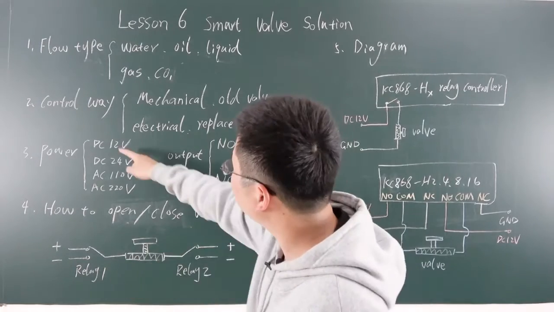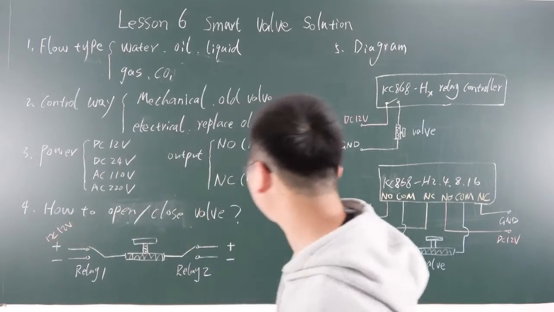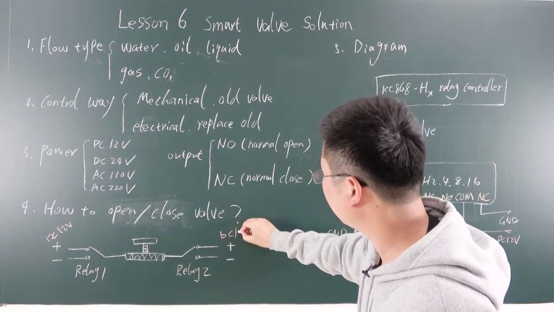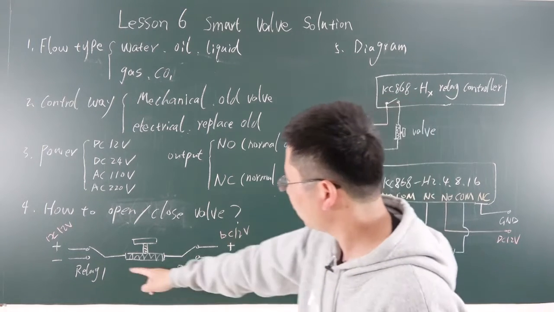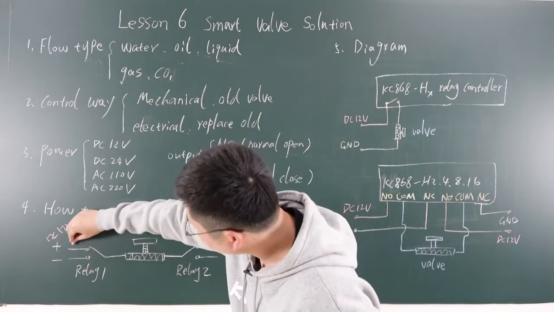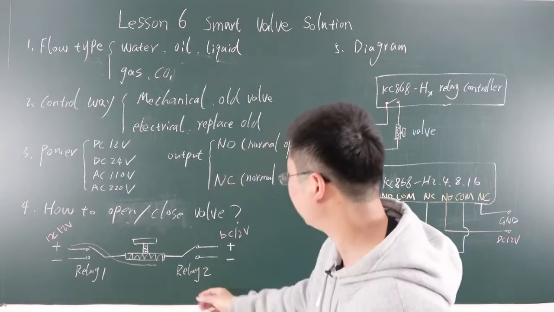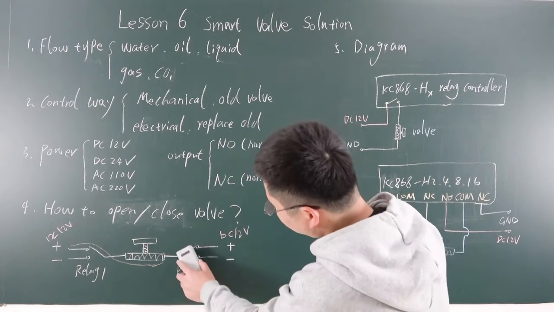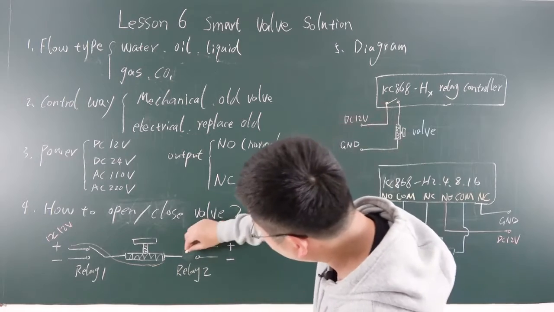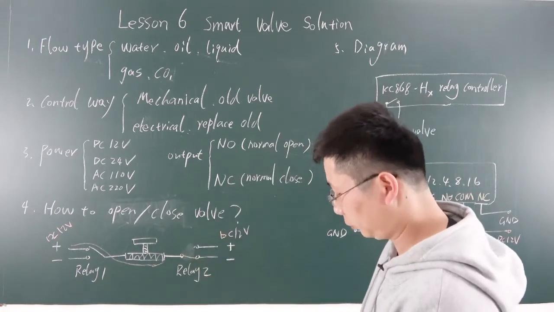For example, this is DC 12 voltage. Also, this is DC 12 voltage. When this relay is on, the current goes to this and goes through, and this time relay 2 is at this position.